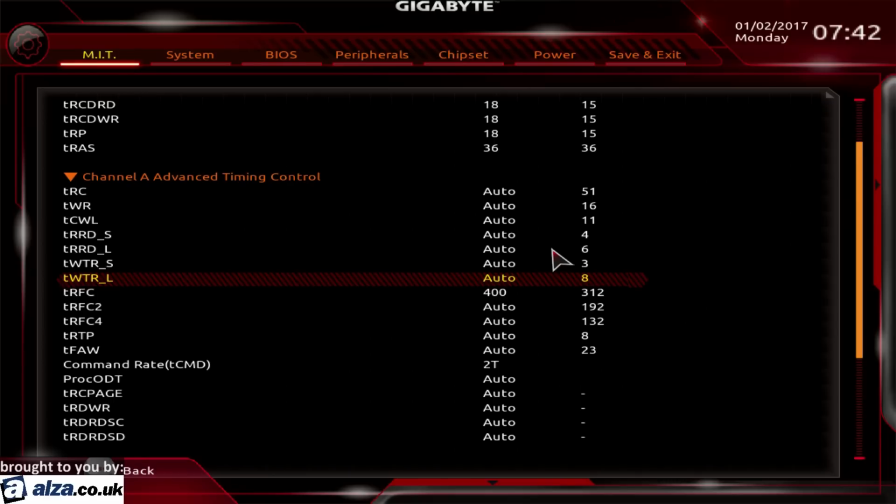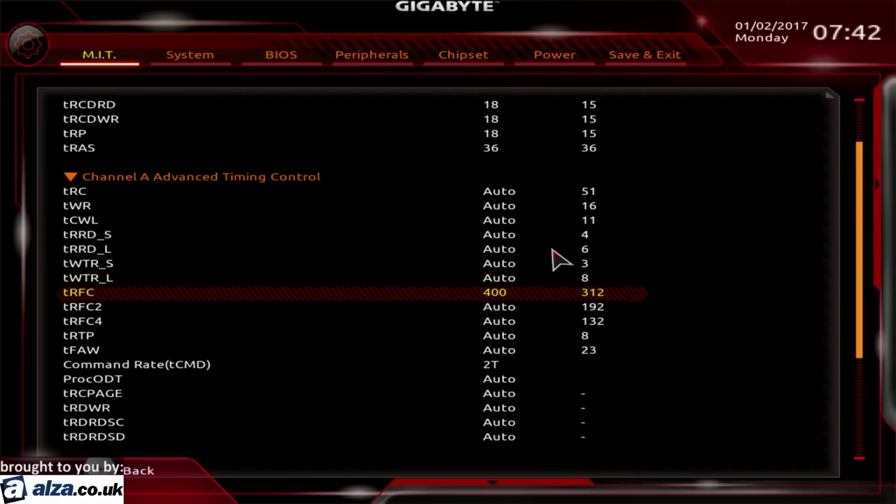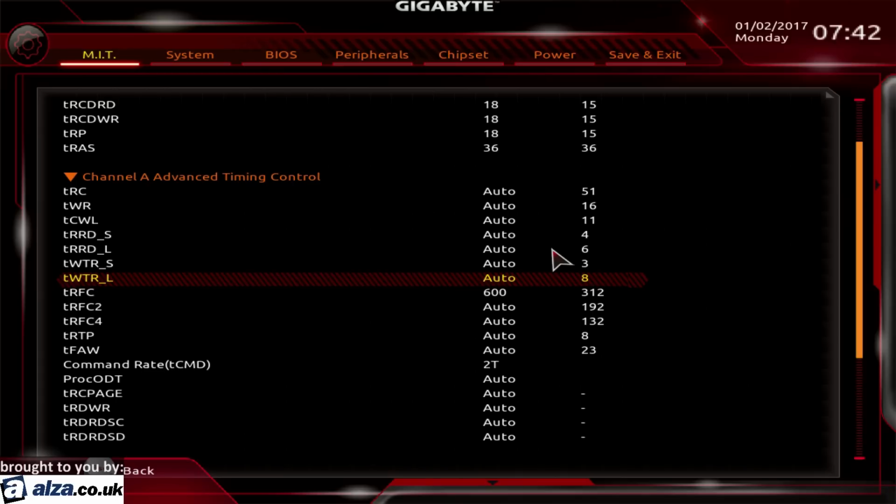If you're aiming for really high clock speed for whatever reason, set it to 600, because what I have noticed is the Gigabyte boards, like the Taichi, set the TRFC ridiculously high on their own, at around the 400 range, which is actually acceptable. The problem is that high frequencies cost you stability.